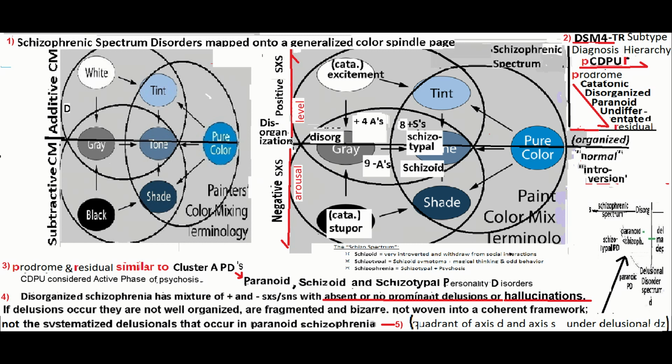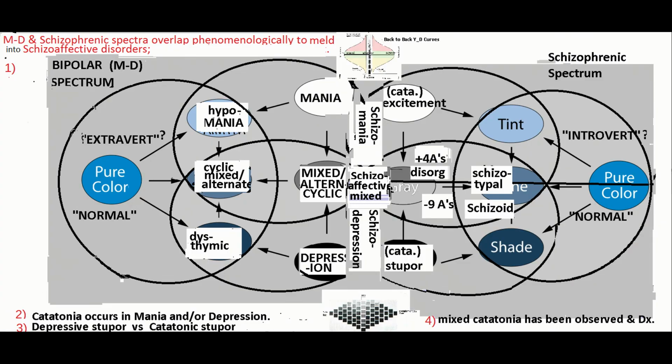But they overlap, as they found out, and a guy named Kasanin, around 1930-ish, 1933, decided there was a bunch of disorders in the middle that were combined, and so they overlapped in the middle of these. And of course, you don't get hypomania much with schizotypal syndrome or anything like that. It's usually these psychotic disorders, and they're mixed together. And so I made up this overlap of these two spectra to connote this.